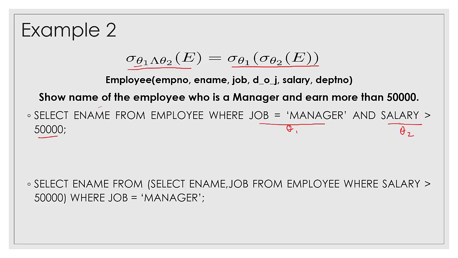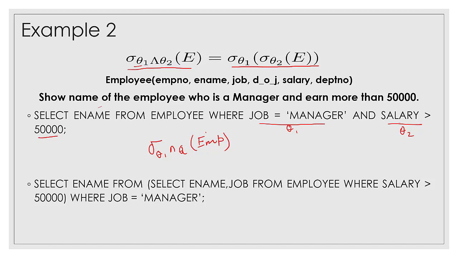As there is an and, we are actually performing selection theta 1 and theta 2 on the employee E, right? So we are evaluating this one. Now this can be reduced by using this scheme.